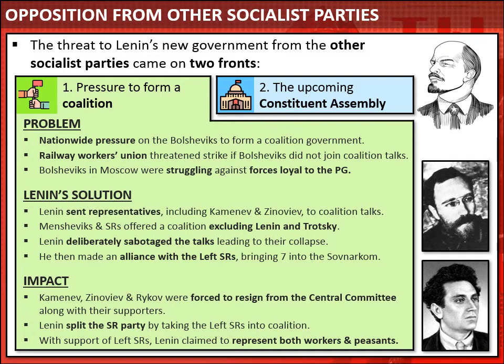The second key consequence here was that by taking the left SRs into coalition, Lenin successfully managed to split the SR party, weakening one of his opponents. And lastly, because the SRs were traditionally a party which represented the peasantry, by taking some of the left SRs into the Sovnarkom, Lenin strengthened his claim that the new government represented both workers and peasants.